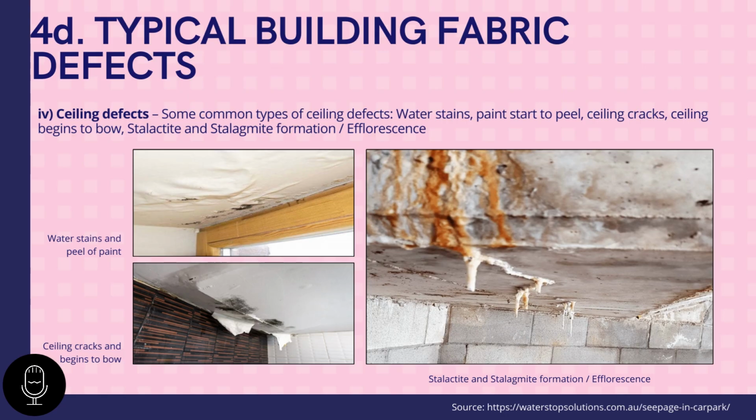Guys, now we are going to move to the fourth element in the typical building fabric defects, focusing on cladding defects. Particularly, some of the common types of cladding defects can be water stains, paint starting to peel, cladding cracks, cladding beginning to bow, stalactite and stalagmite formation, as well as efflorescence.